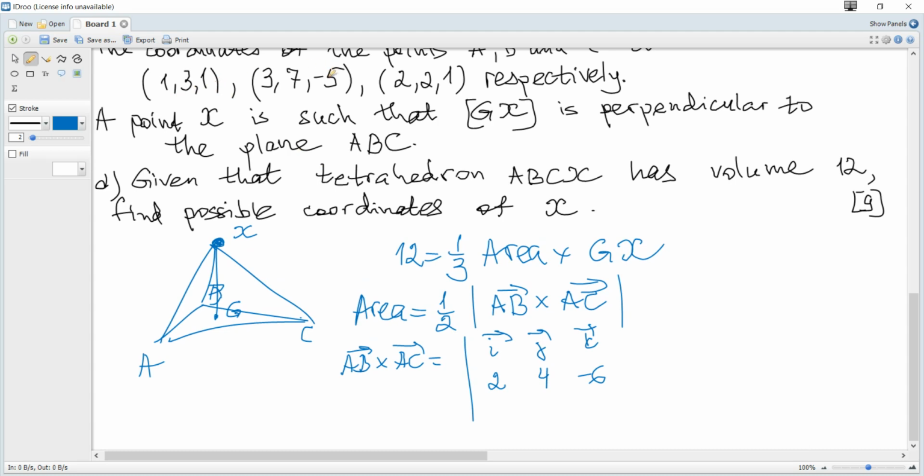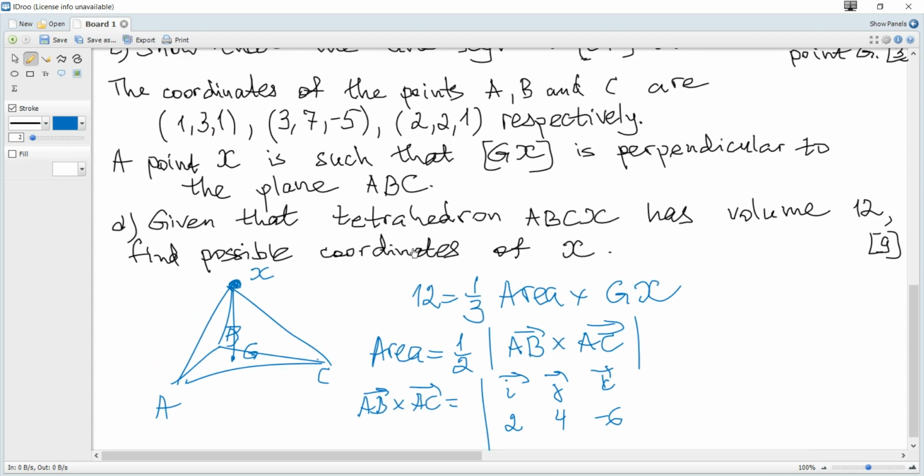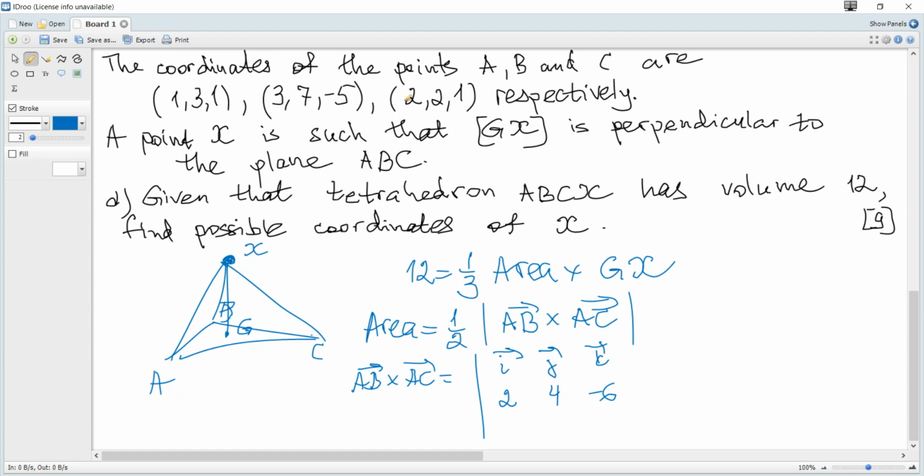So 2, 4, negative 6. And AC: 2 minus 1, 1; 2 minus 3, negative 1; and 1 minus 1, 0.